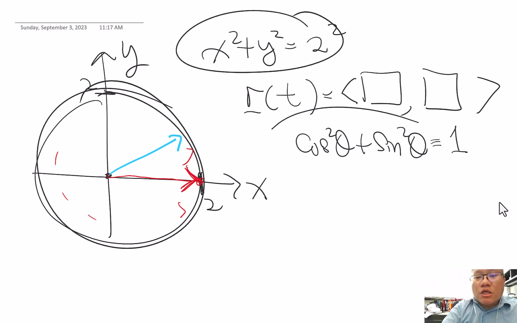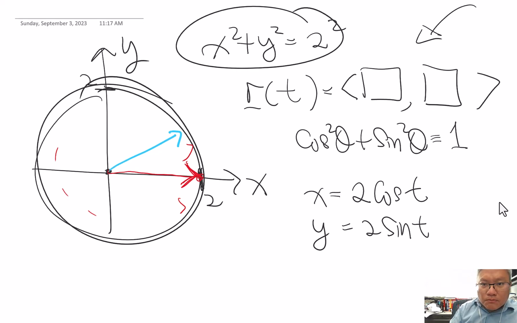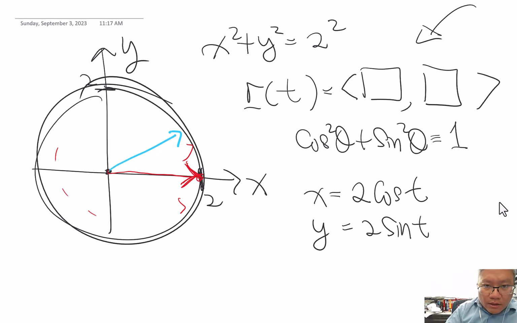Now, how do we make use of this in order to get this answer? What we're going to do is write x equals 2 cosine theta. I'm asking you to do t, so let's use t. And then y equals 2 sine t. You don't have to make this so big.